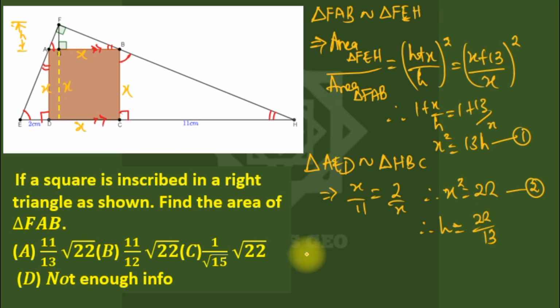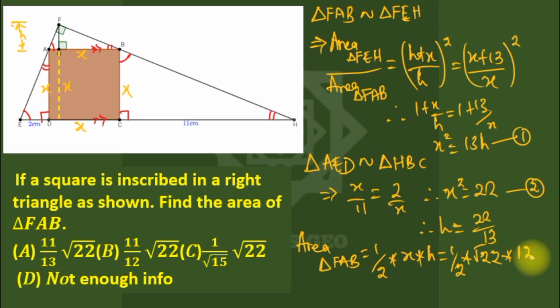So we are looking for the area. We see that the area of triangle FAB is half the base times the height, half x times h. And we know that x is the square root of 22, and h is 22 over 13.